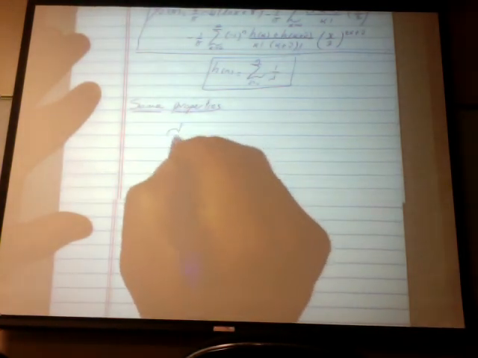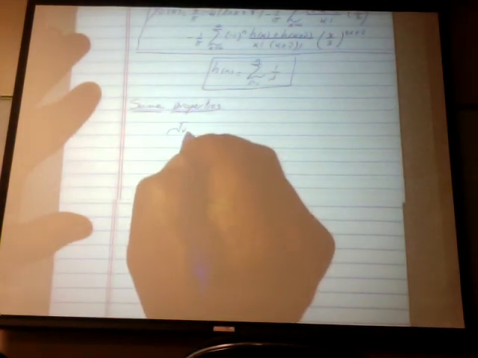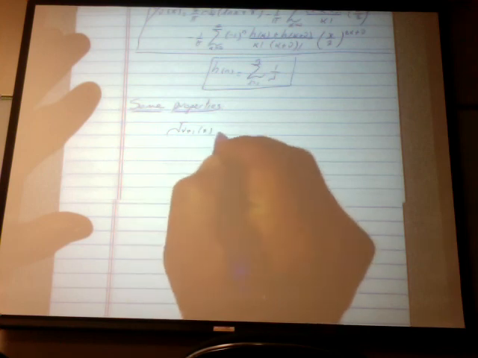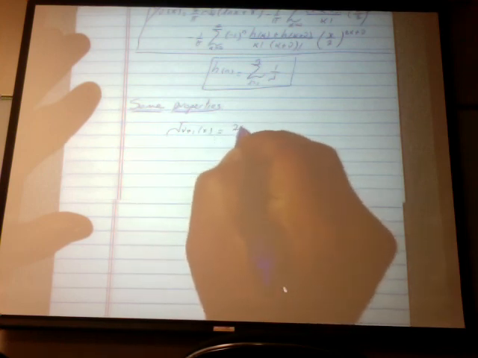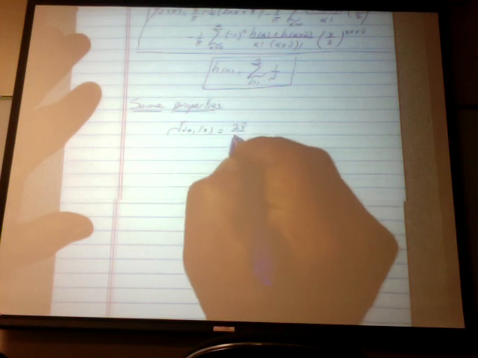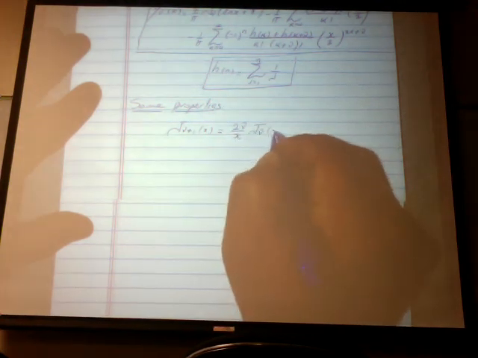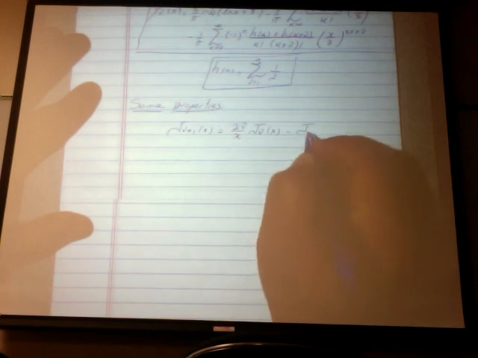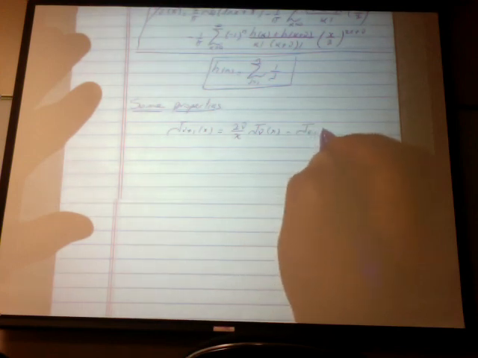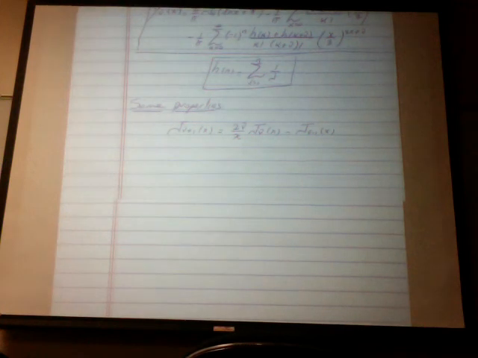The Bessel function of the first kind of order nu plus 1 is equal to 2 nu over x times the Bessel function of the first kind of order nu minus the Bessel function of the first kind of order nu minus 1.